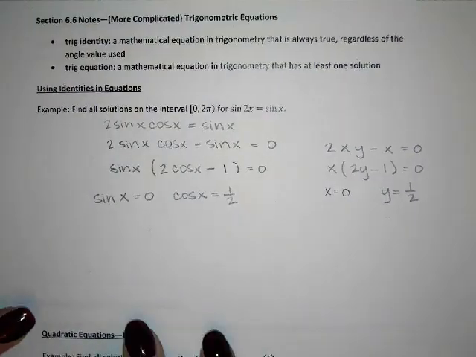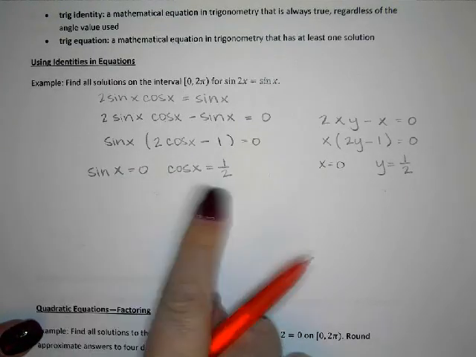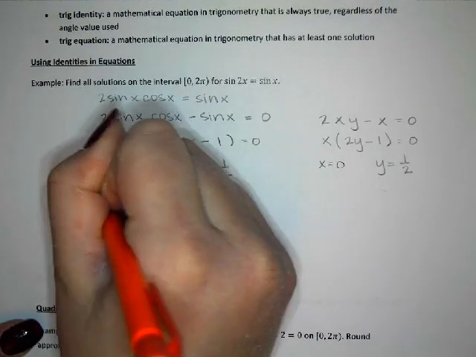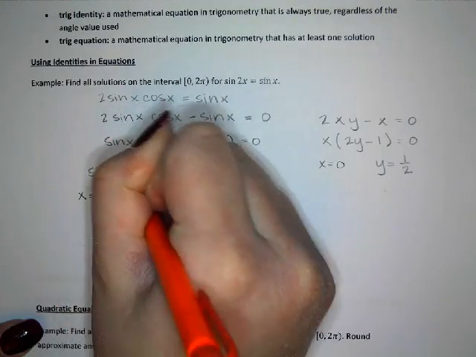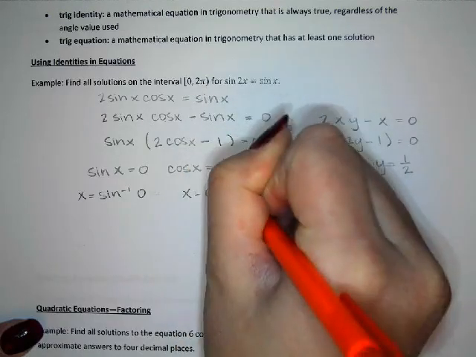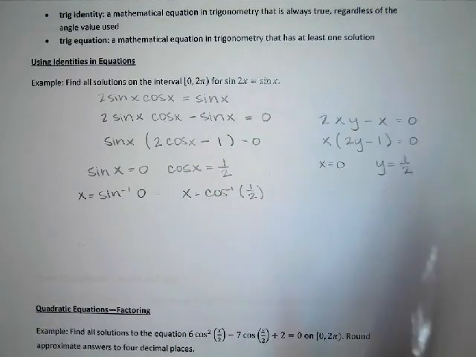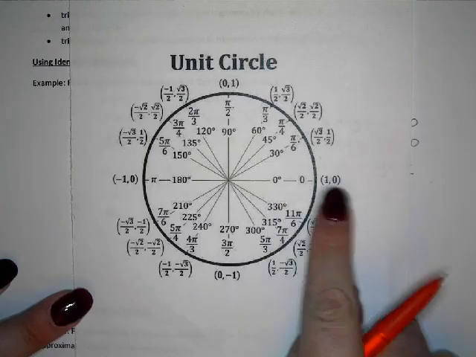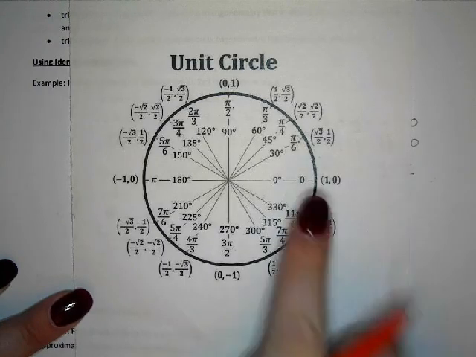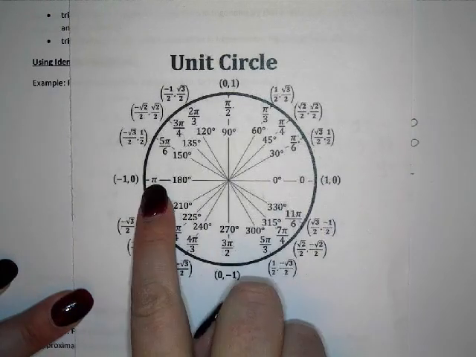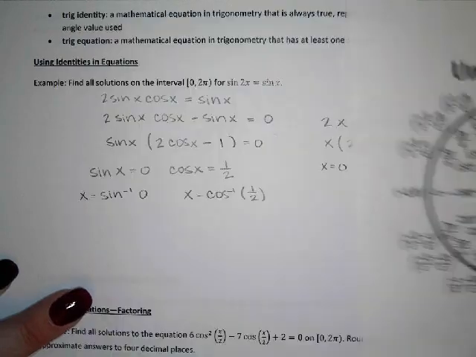From there, I can go ahead and solve these more simple trig equations. So I know that x is sine inverse of 0, and x is cos inverse of 1/2. Sine inverse of the ratio 0 is 0 and pi and 2 pi. So I'm going to write those down.